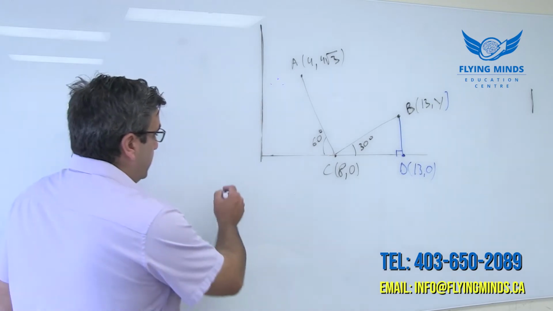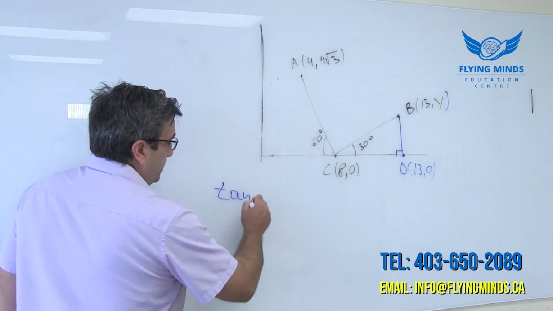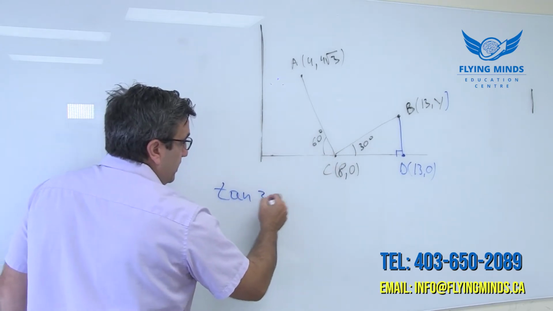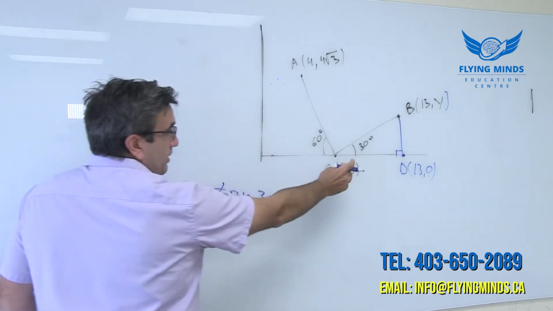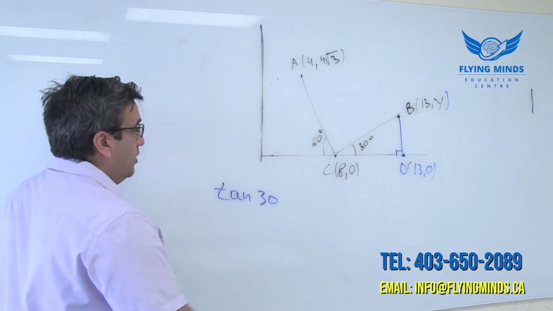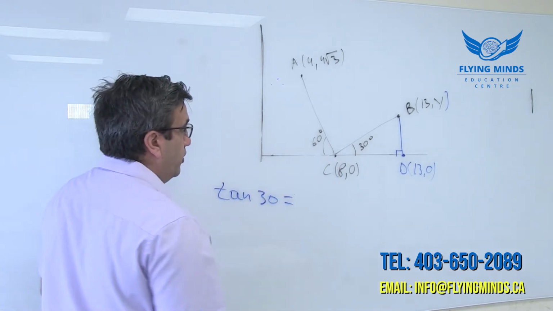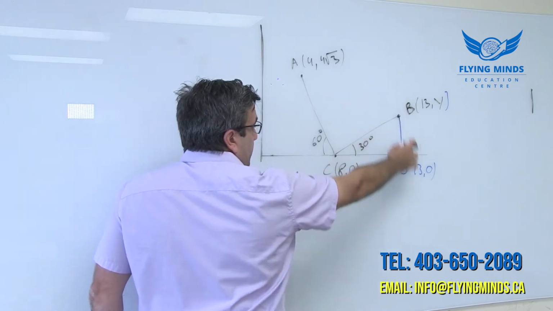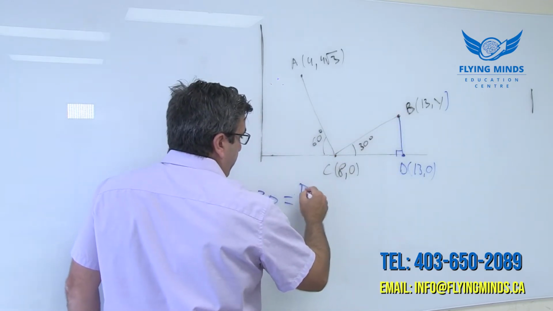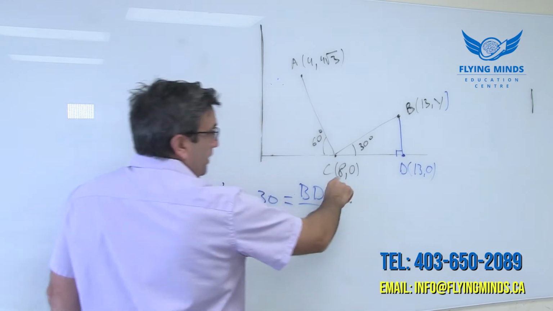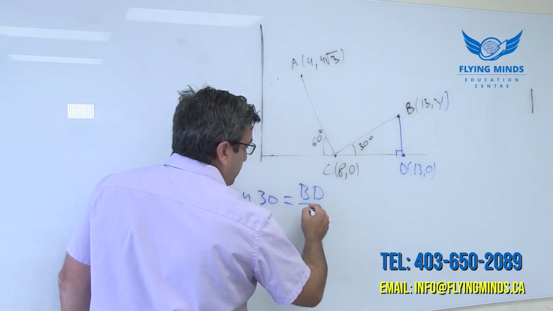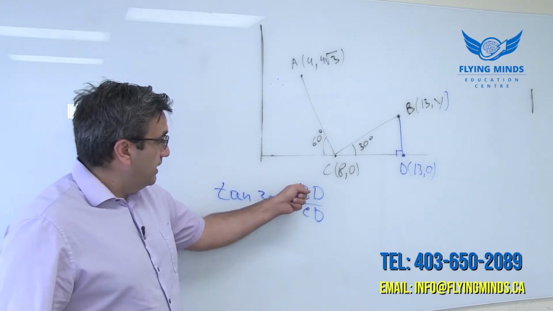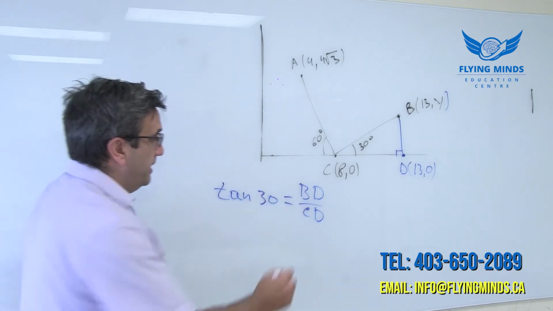So we know that the tangent of any angle, in this case angle C, is the ratio of this leg, BD, over CD. So what is BD?